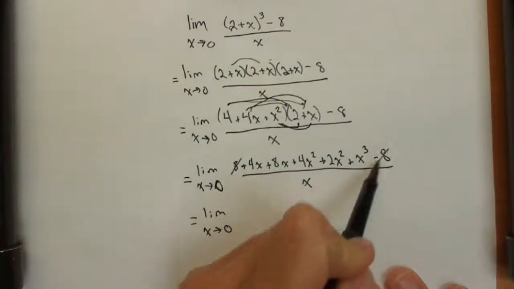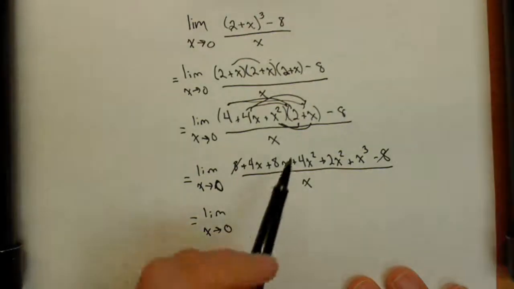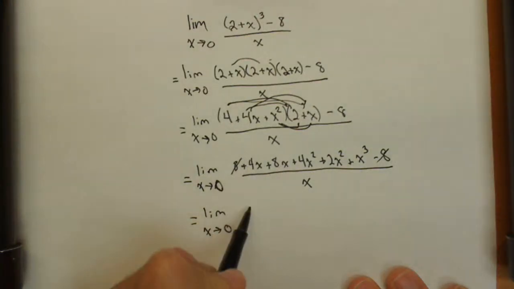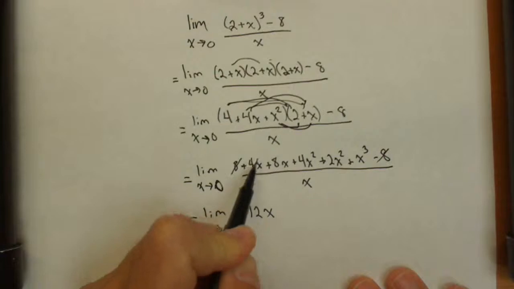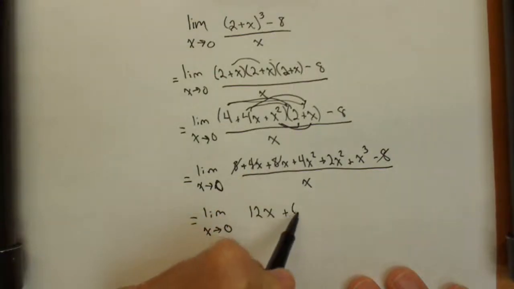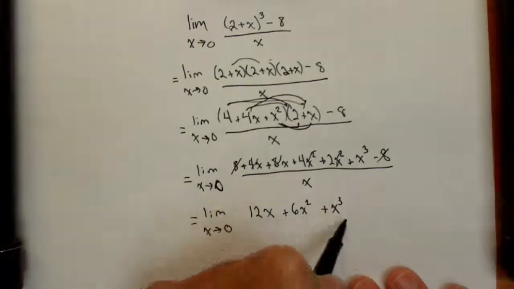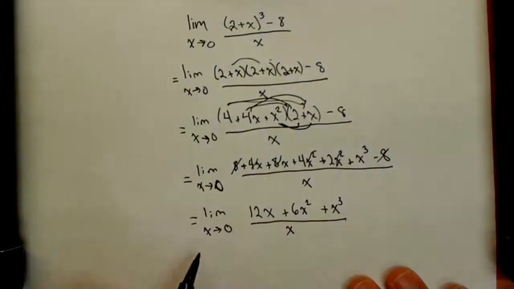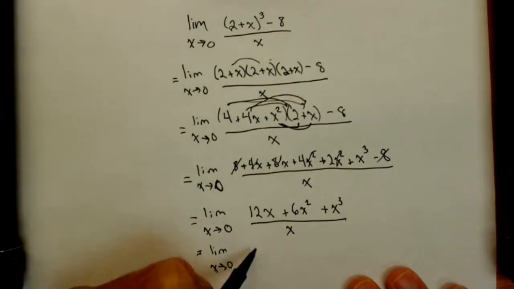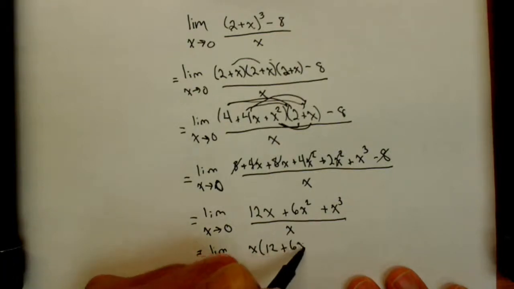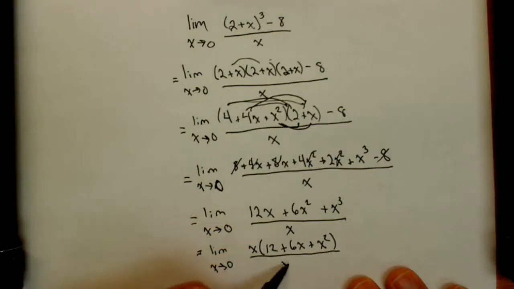Well, those 8's are going to cancel. And combining our like terms, we have 12x from these two, plus 6x squared from these two, and then plus an x cubed all over x. Now in the numerator, we have a common factor of x in all our terms. So we can rewrite that as x times (12 plus 6x plus x squared) all over x.